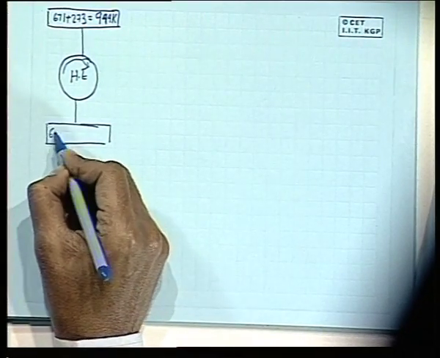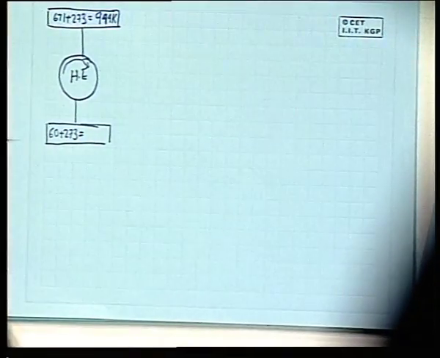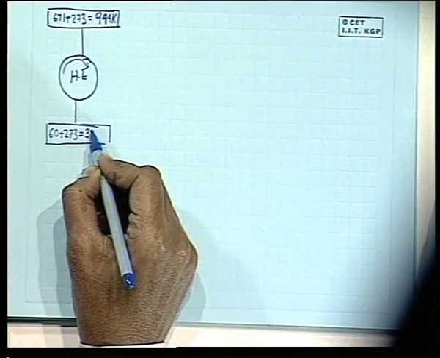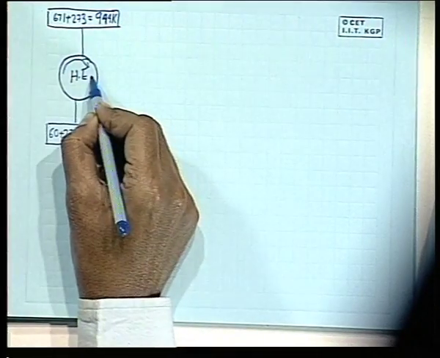That means 60 plus 273, as you know, this is the Kelvin conversion from Celsius to Kelvin, which is 333 K, and this heat engine delivers work.